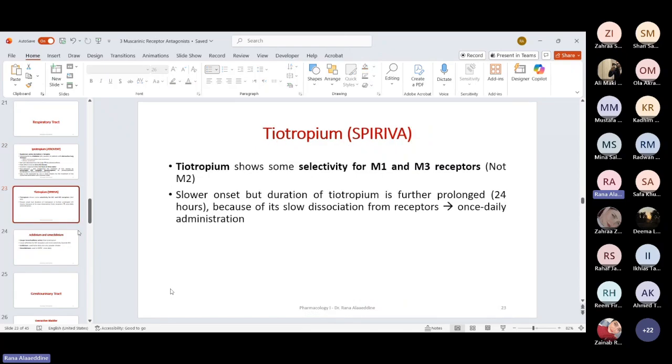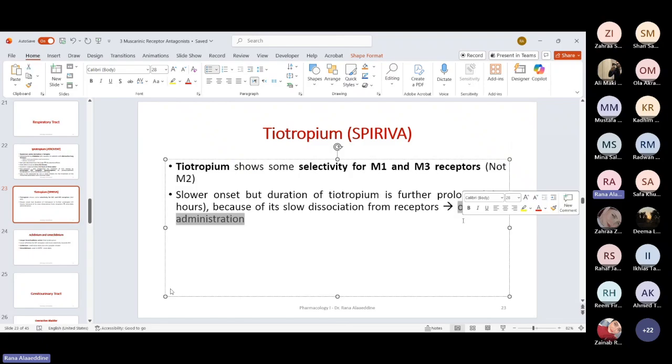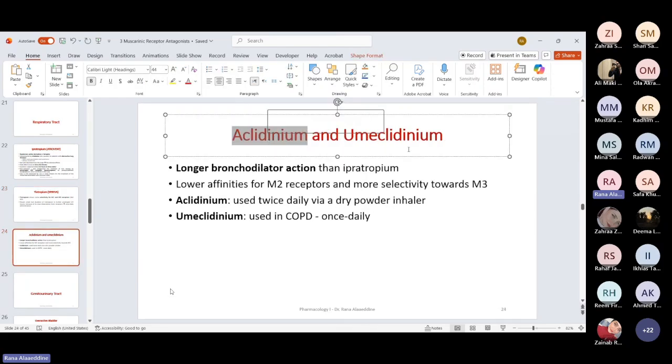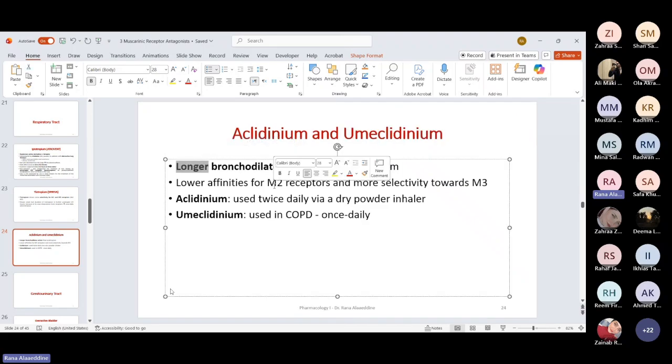Then there comes the second set of drugs. Tiotropium does not target M2, and it can be taken once daily because it has a 24 hour effect. Aclidinium and umeclidinium also have a longer effect, don't have an effect on M2, and can be taken twice daily or even once daily.